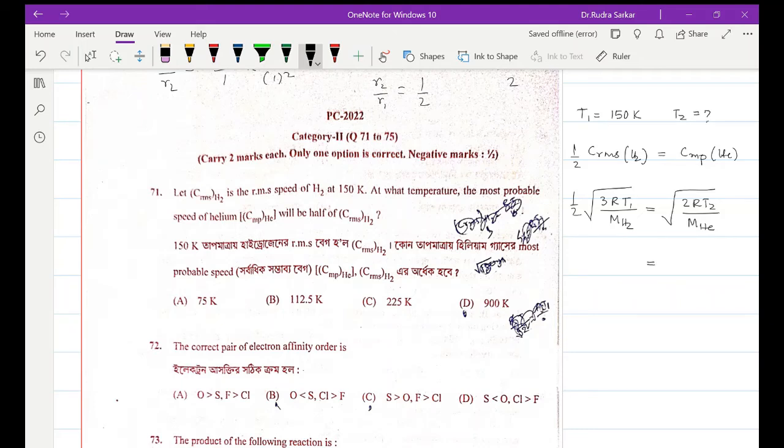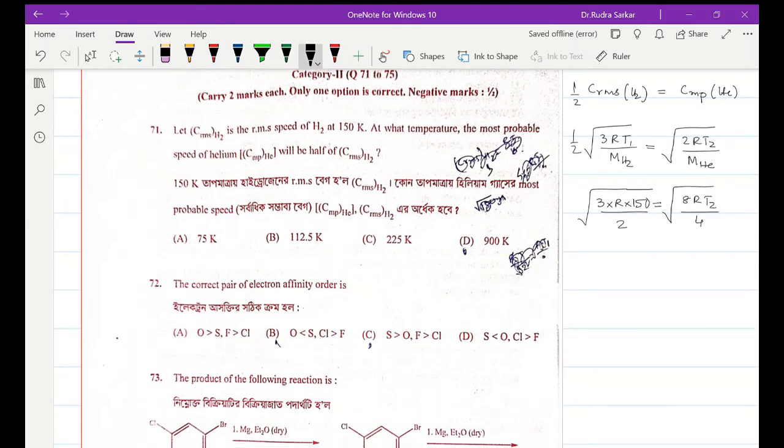Alright, so that means if this goes inside, that will be 8R T2, and this is 4, and this is around 3 into R, sorry, into 150 divided by 2.